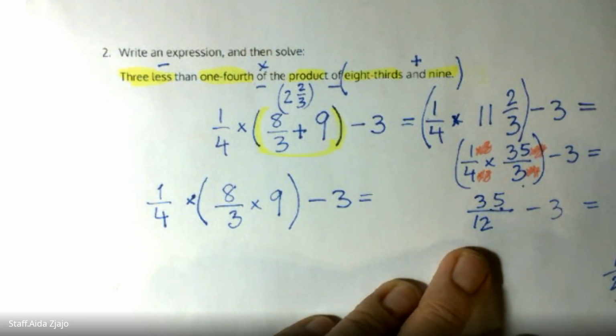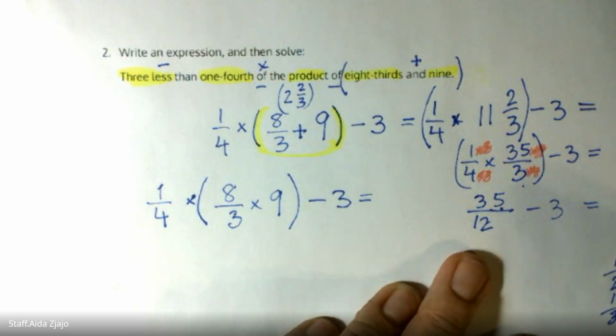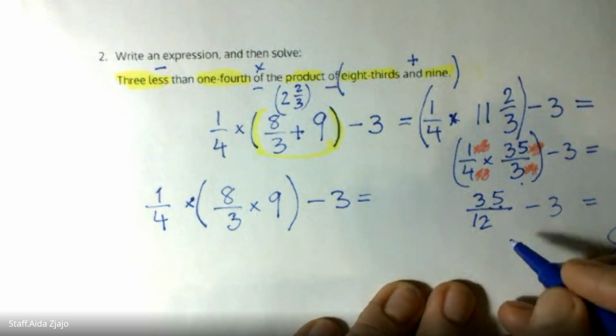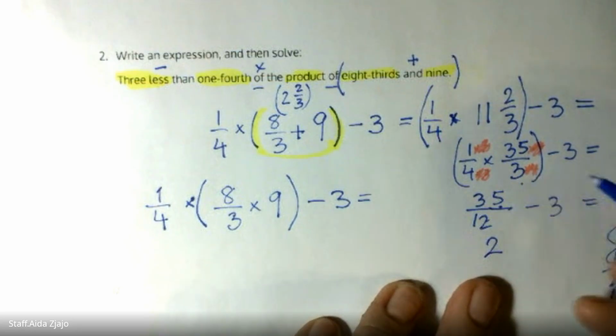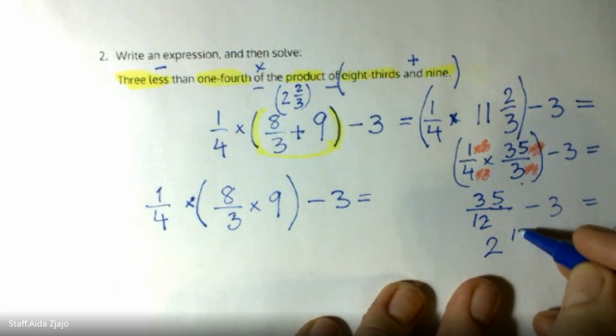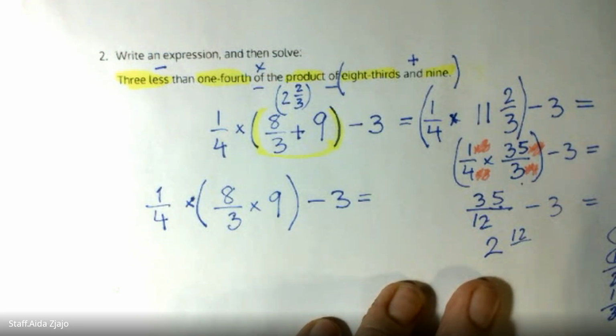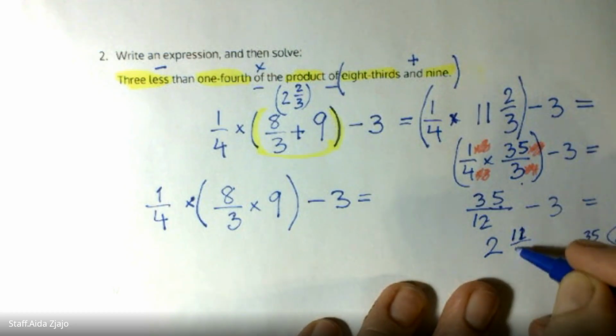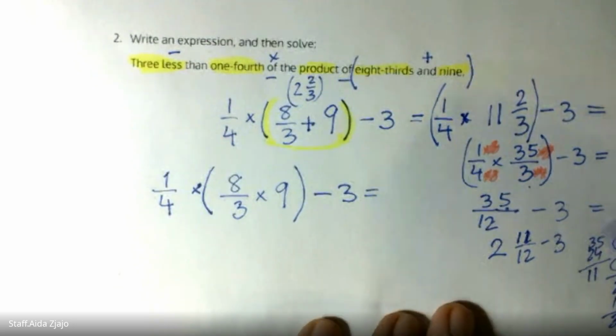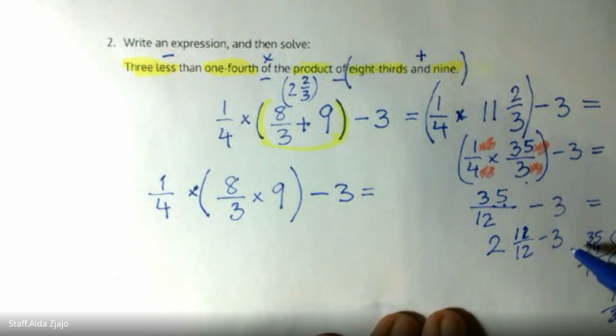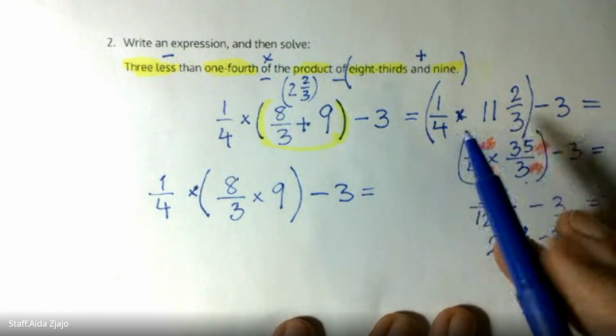So now 35/12. 12 plus 12 is 24, and plus 12 is 36. So I don't have 3 twelfths. I have 2 wholes here and 12. Hold on, 35 twelfths. So I have 24; 35 minus 24 would be 11 twelfths minus 3. So this is not possible because this is 5th grade.